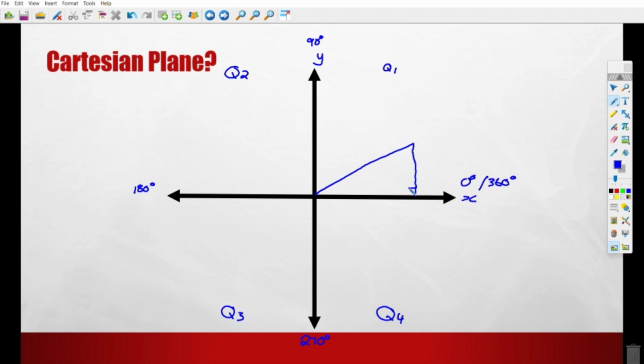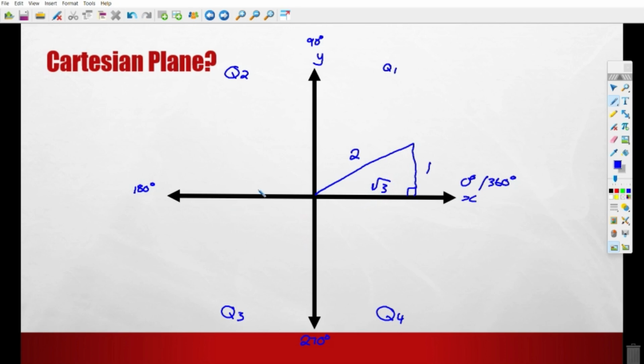If I give you a triangle and I say that this is 2, that's 1, and that's the square root of 3. Or let's change that up. Let's say this is 1, sorry, and this is the square root of 3.